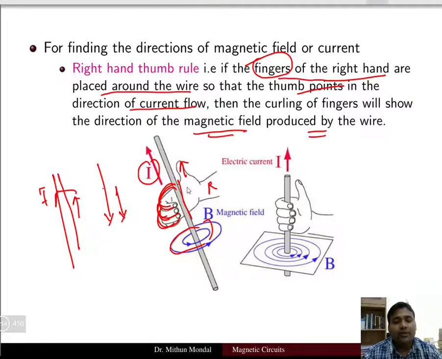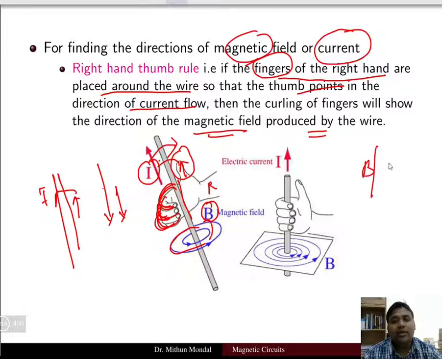So the direction of the current is the thumb direction, and the curling of the fingers is the direction of the field or the flux density B. So right hand thumb rule will indicate the direction of the current or the direction of the magnetic field, because we are getting both B and I along with right hand thumb rule.